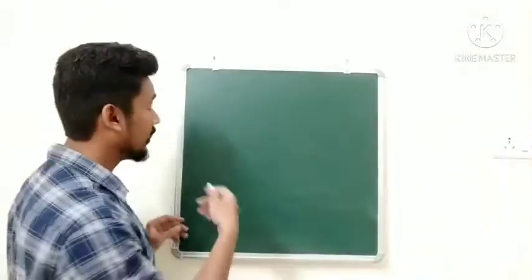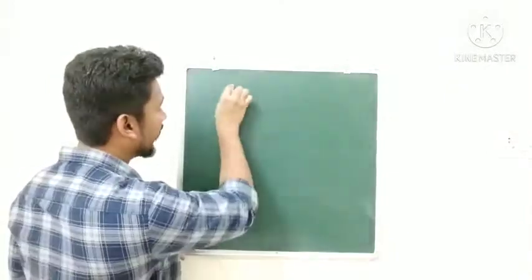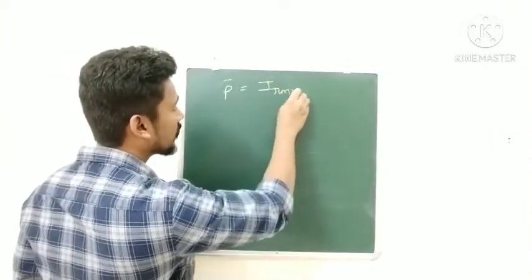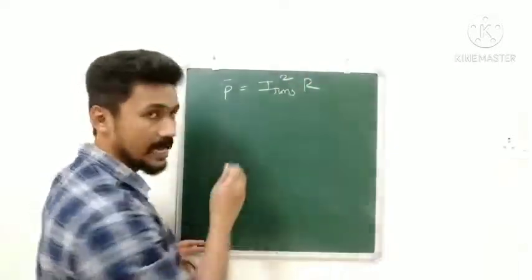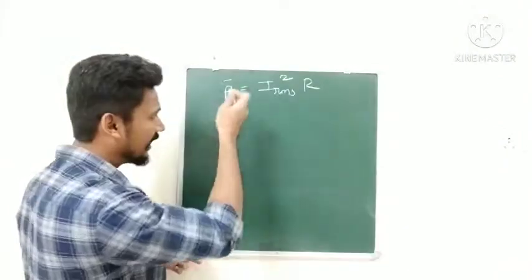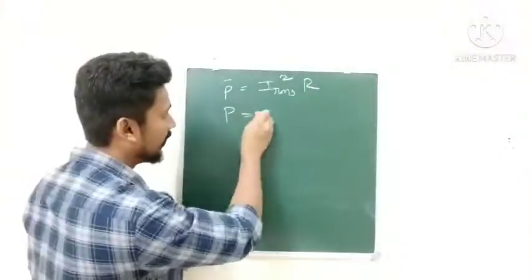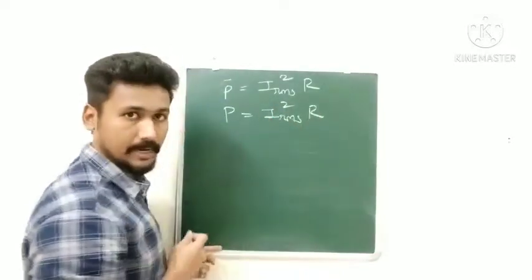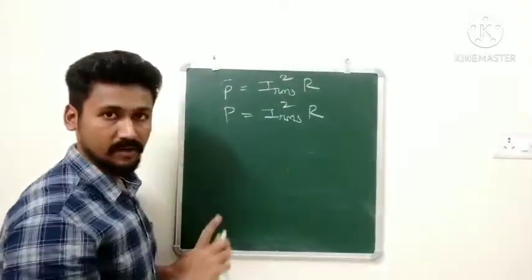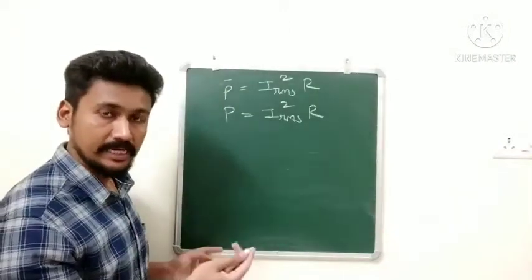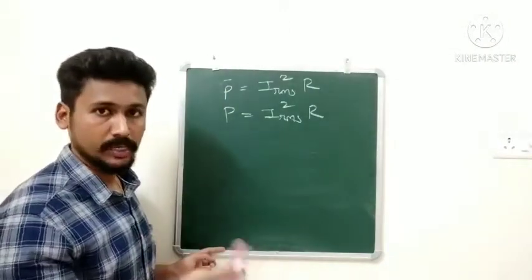So once again, we will write the average power is equal to root mean square current square into R. Now we will represent this average power directly by capital P. So capital P is equal to IRMS square into R. Okay, so this gives the power. Now just like we got root mean square current, we can also get root mean square voltage.